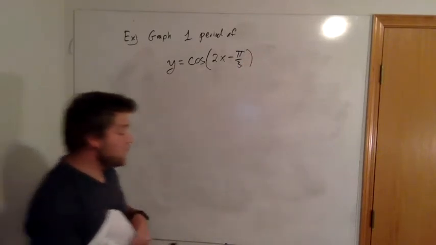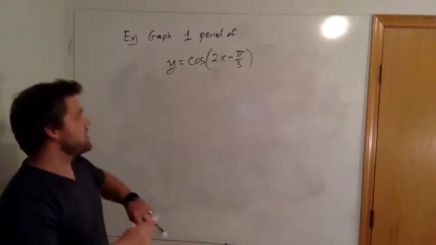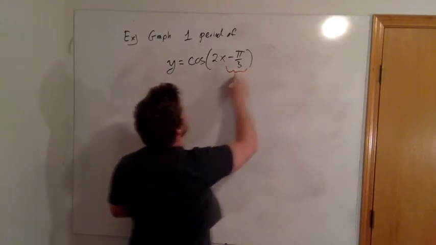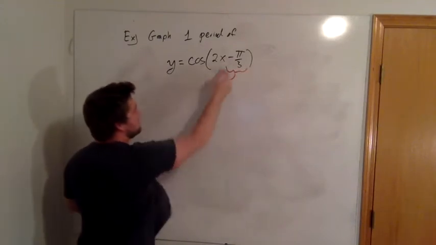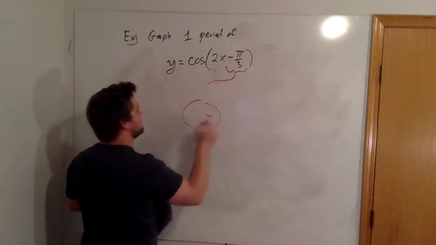One of the most common mistakes I see, I'm going to write this in red. Red means bad. A common mistake I see is students seeing this pi over 3, subtracting pi over 3, and thinking, here's our thinking face.